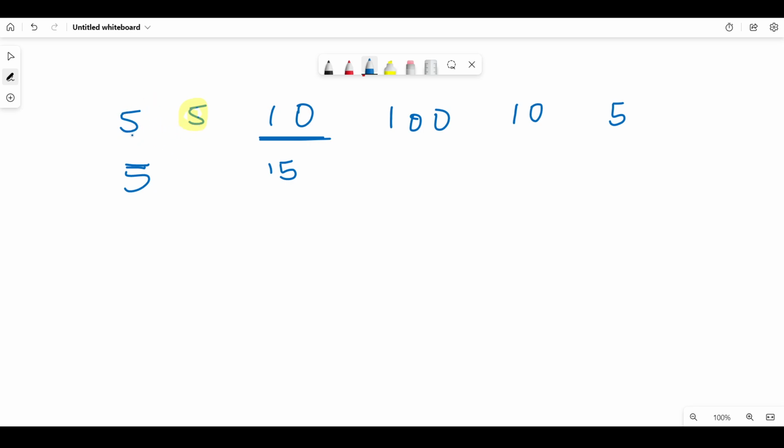Means if this is the maximum, I will not loot this, I will loot this, and the maximum will be written here. And if it is larger than this, then I will loot this and skip this. And in this case both are the same, so I will choose one of them, and after reaching the second house I will have maximum money as 15.